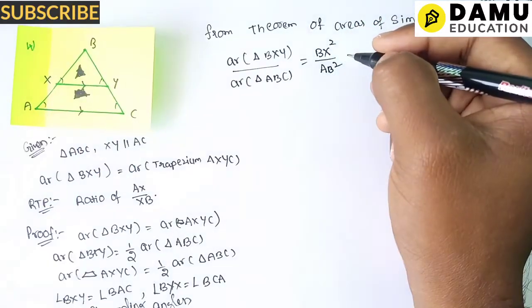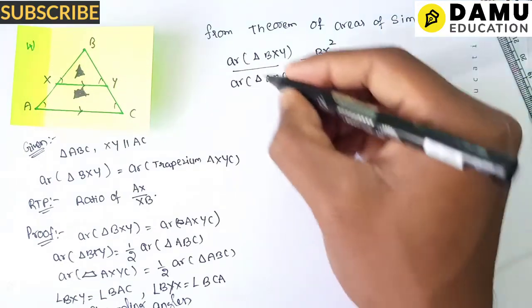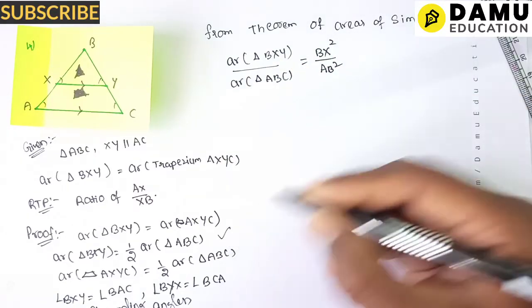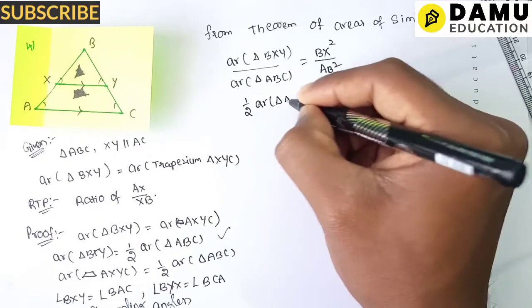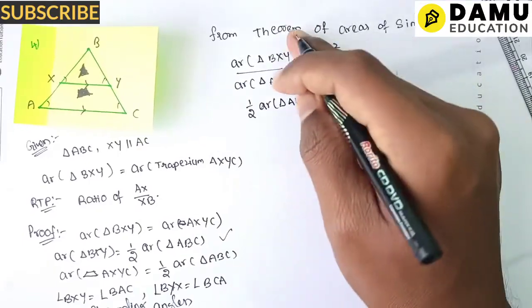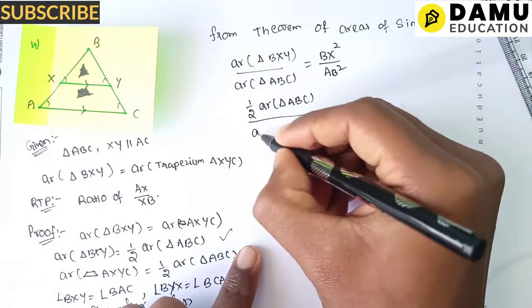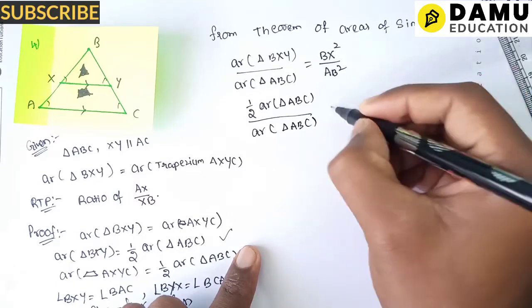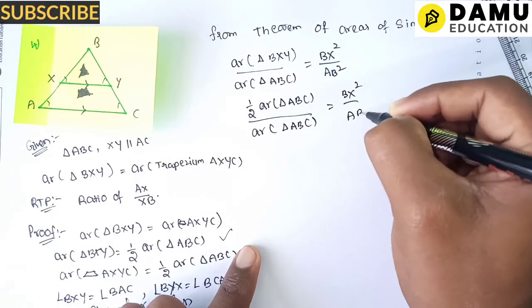Now, the area of BXY will be half of the area of triangle ABC, so half of the area of triangle ABC by the area of triangle ABC will be equal to BX square by AB square.